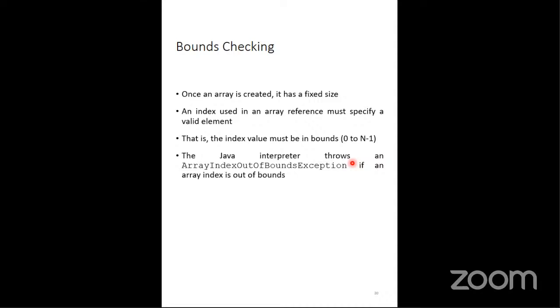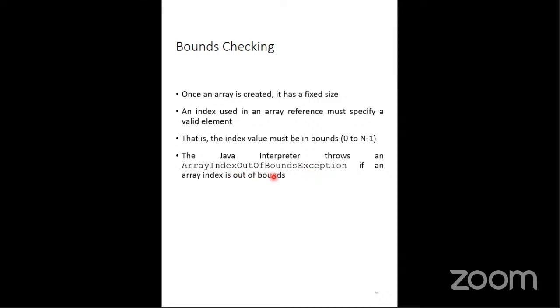What I'm trying to say is, in our example, the scores array has 10 elements. The index value is from 0 to 9. If I try to access scores[50], it will generate this particular error, because 50 is an invalid index for the scores array, since it has only 10 elements. It is having only index values 0 to 9.